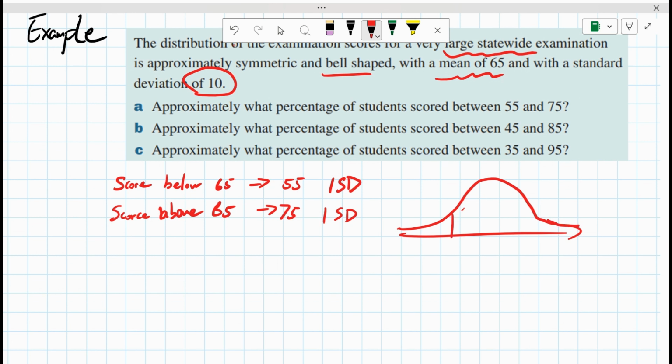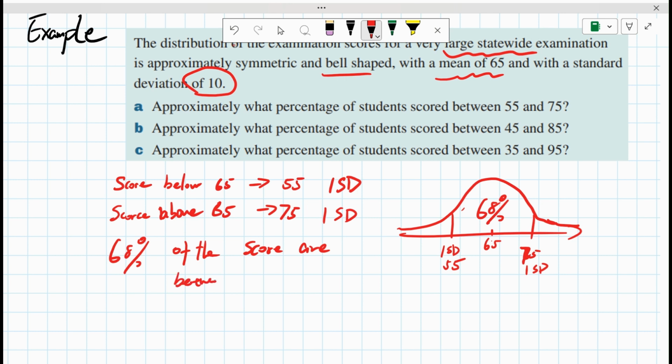So this is 68%: 55, 65 the mean, and 75. So 68% of scores are between 55 and 75.